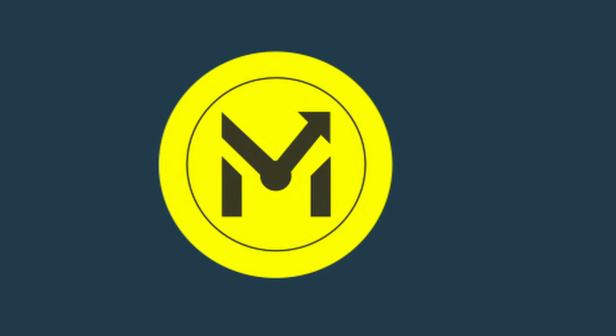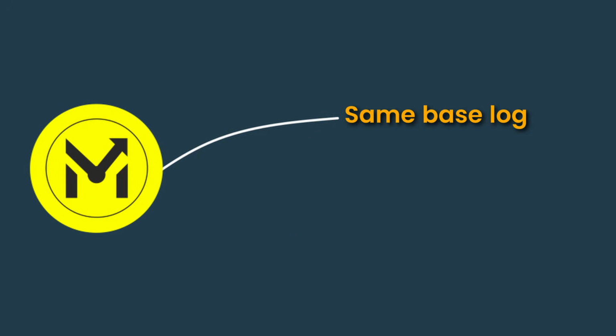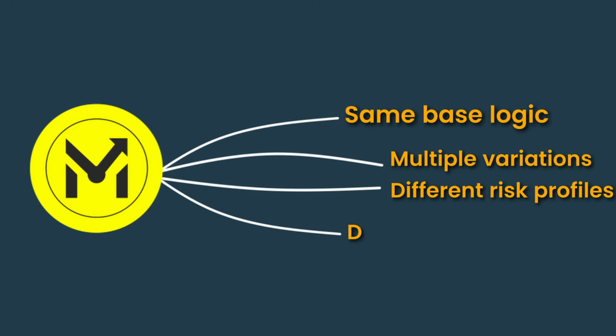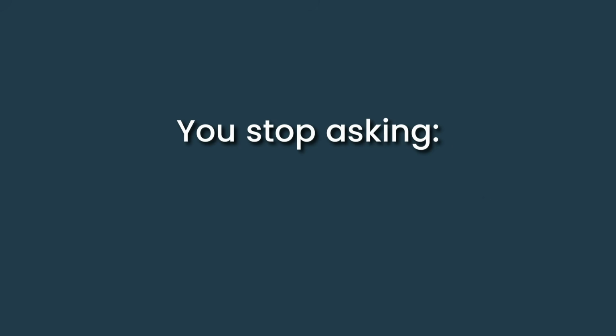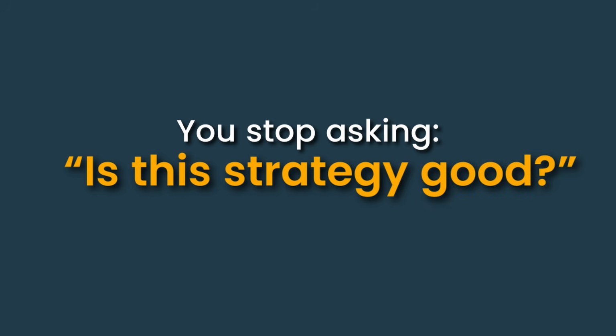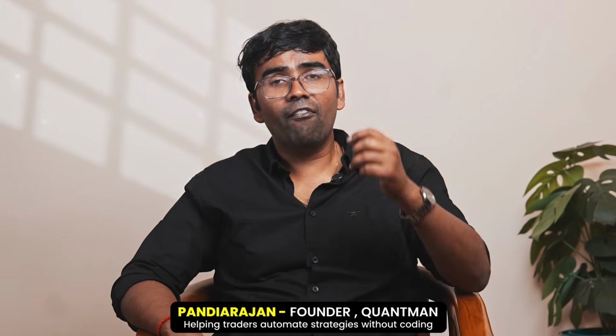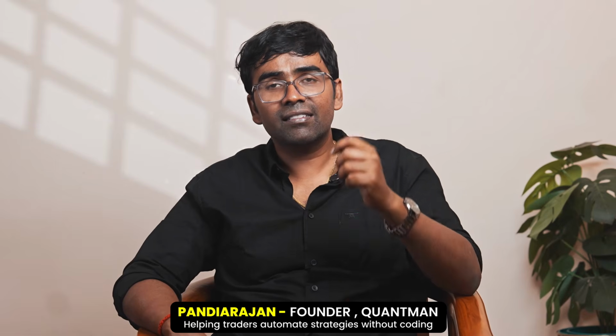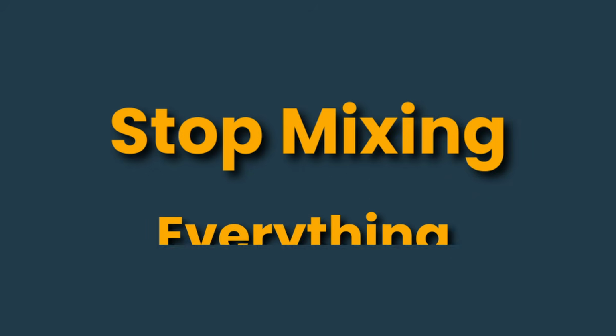In Quantman, this means same base logic, multiple variations, different risk profiles, different market regimes. You stop asking, is this strategy good? You start asking, when does this strategy behave well and when does it break? That's intelligence.